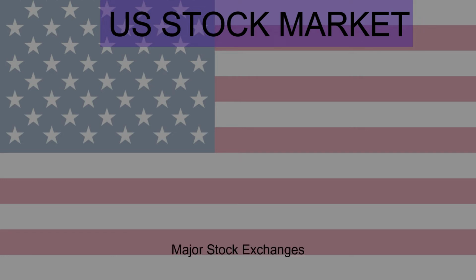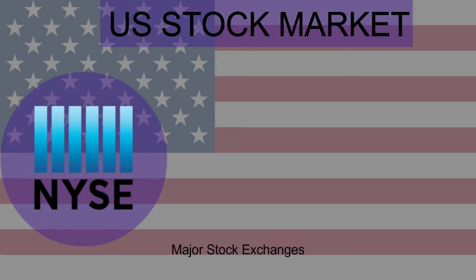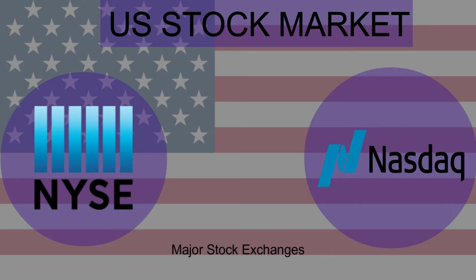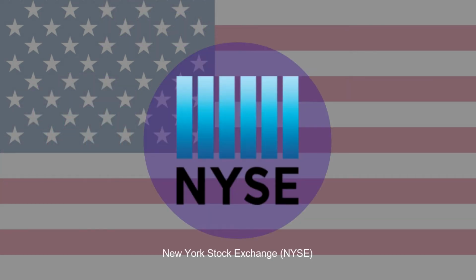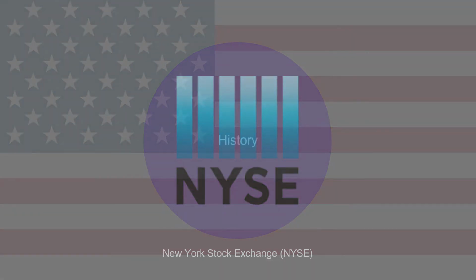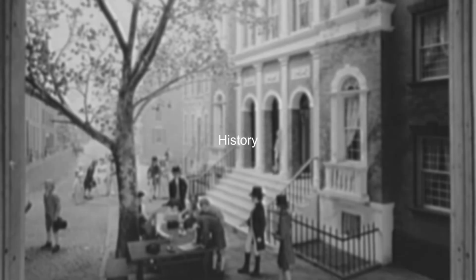Now coming to the US stock market, let's get into the details. As I told you earlier, there are two major stock exchanges, which are NYSE and NASDAQ. These two stock exchanges host the entire US stock market. Now coming to the NYSE, or New York Stock Exchange, which is one of the world's oldest stock exchanges, because it started in 1792.